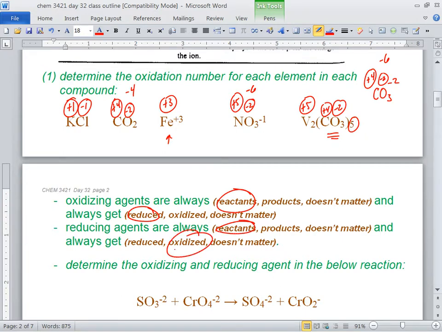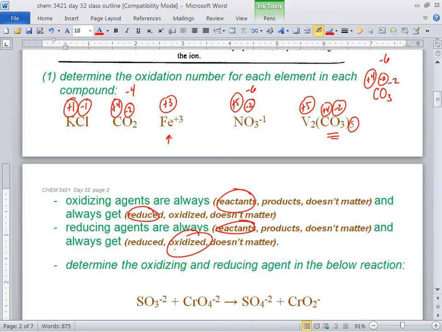Okay. Determine the oxidizing and reducing agent in the below reaction. Oh, we didn't do sulfite. So figure out, pick one. Now once you figure out, let's say you figure out what sulfate is, if sulfite is turning into sulfate, if sulfite is getting oxidized, it has to be the reducing agent.